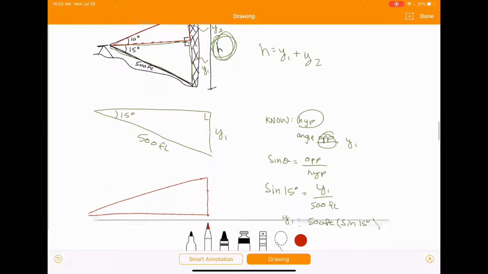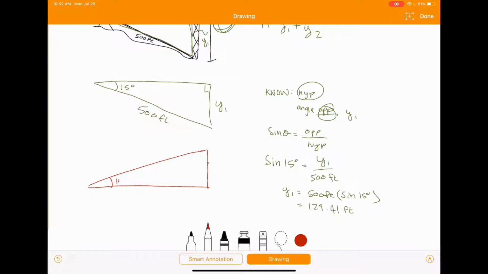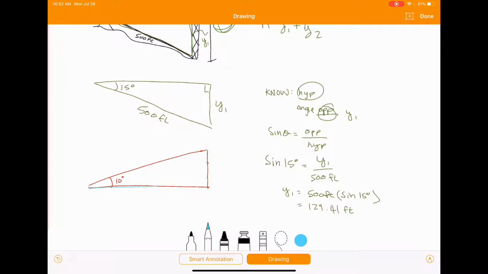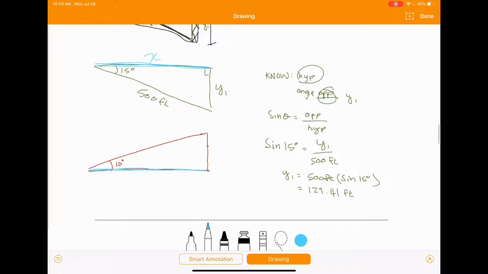And in this second triangle, we only know this angle here. So we can't really do a whole lot with that, but we also know that this side of this triangle is equal to this side of this triangle. So we're going to go ahead and use triangle 1 to solve for this side right here so we can use it on our second triangle.